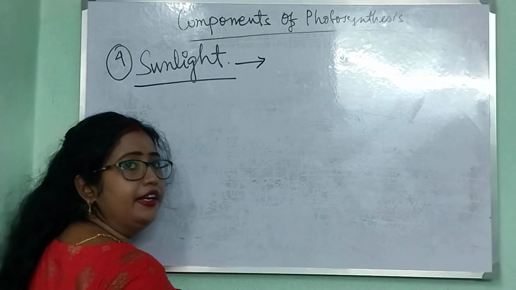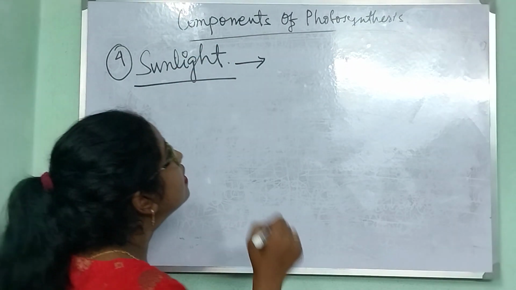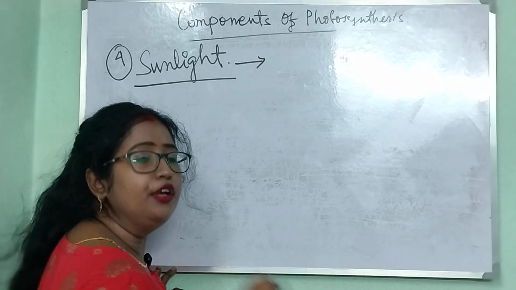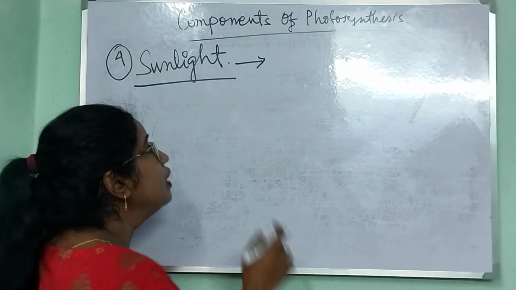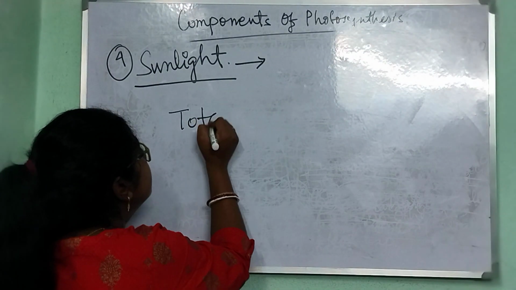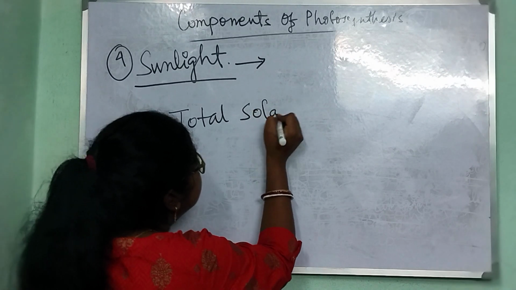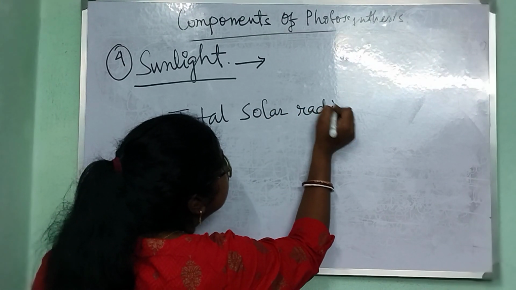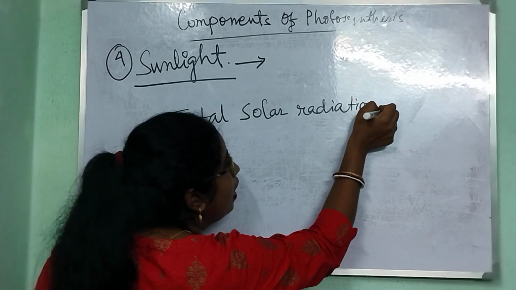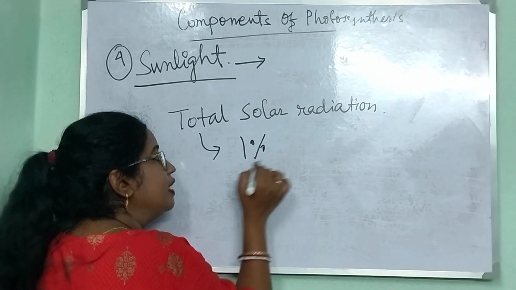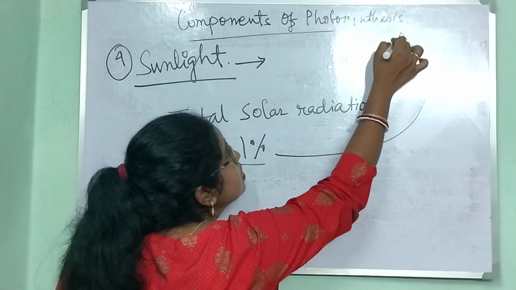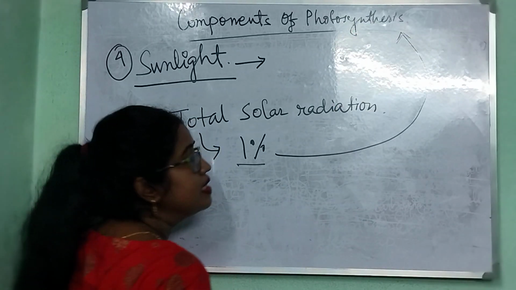Our last component is sunlight. Entrapping of sunlight is exhibited by the chlorophyll pigment. Of the total solar radiation that reaches our Earth's surface, only 1% is utilized in the process of photosynthesis.